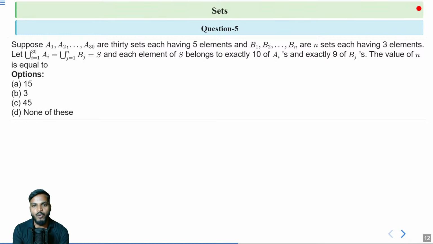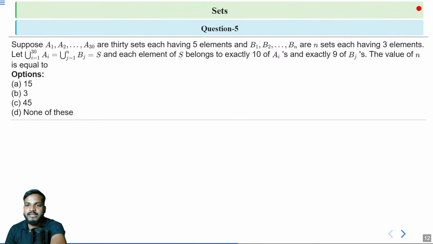Now, if we assume that the union of all Ai, that is union from i equal to 1 to 30 of Ai, is equal to the union of all Bj, union from j equal to 1 to n of Bj, which is equal to S, then you are asked to find n. What is the value of n?